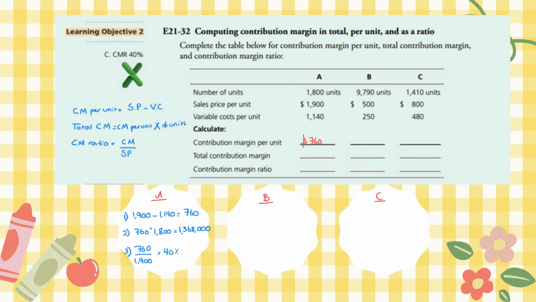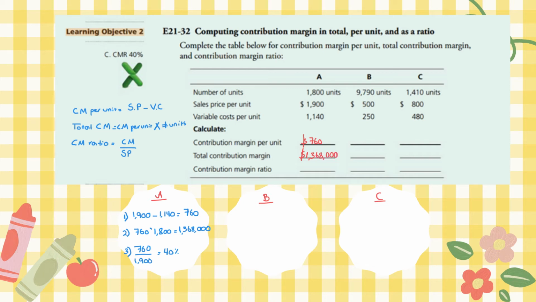Then 1,140 by 1,800 to find the total variable cost, then subtract total variable cost from the total sales. You're going to get the same answer as this. So let me write it down here. 1,368,000.